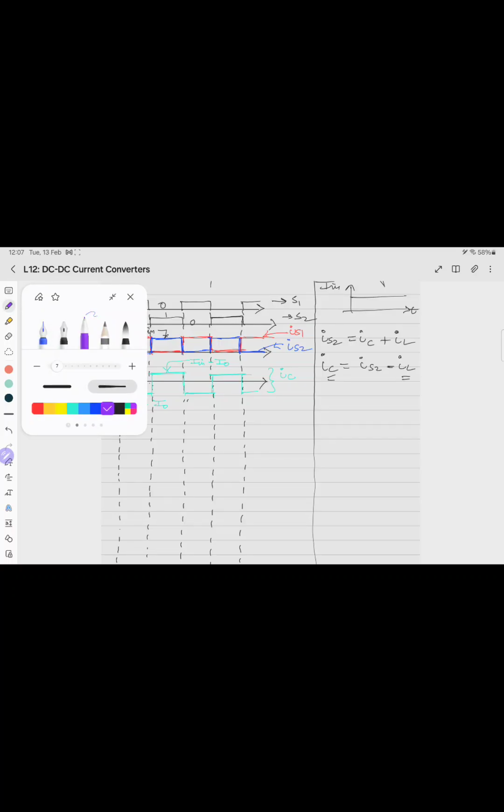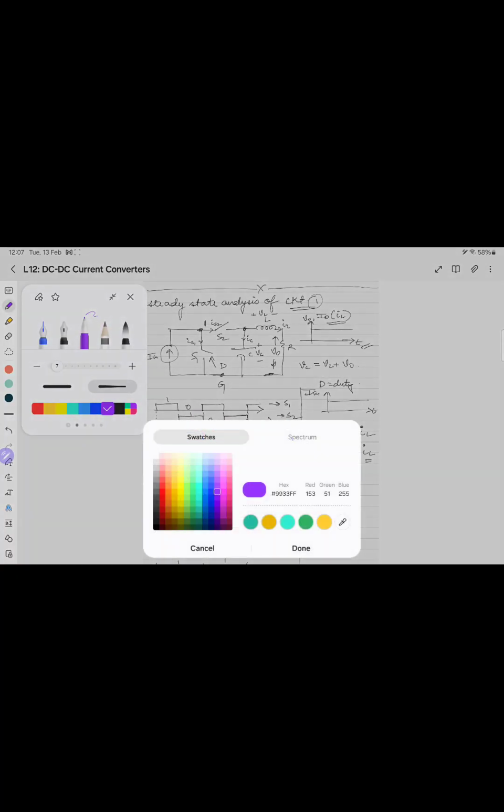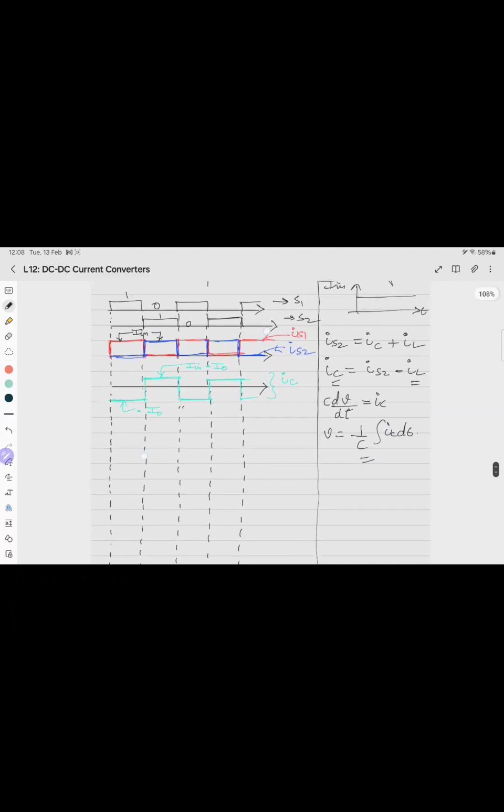Now let's use this violet or purple color, whatever it is called, for the voltage across the capacitor. So IC is C dV by dt. So V is 1 by C integral of IC dt. It is nothing but the integration of this waveform.